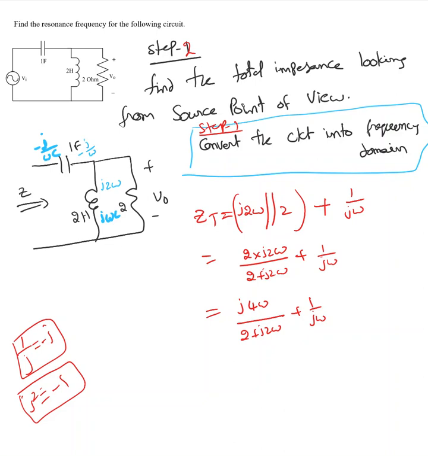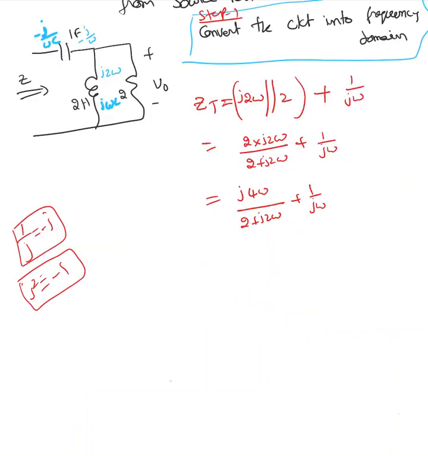Now, this is your Z total. In this Z total we need to separate the real part and the imaginary part. While separating the imaginary part, make sure that there is no j in the denominator. So I'm going to keep this separate and deal with the number right here, j4 omega over 2 plus j2 omega.